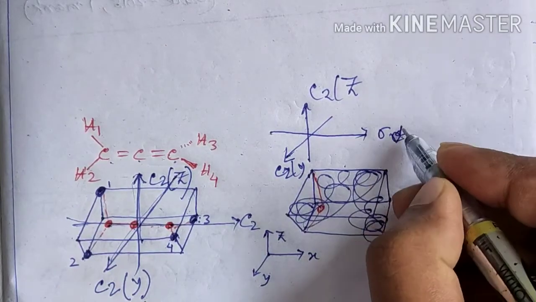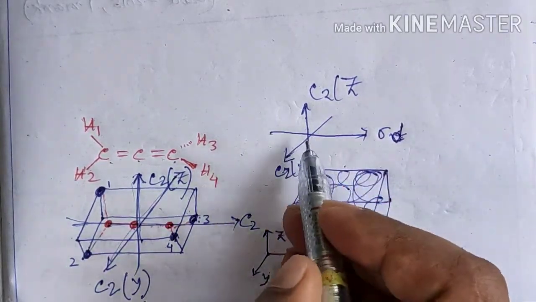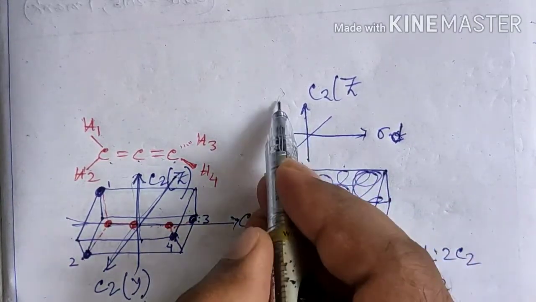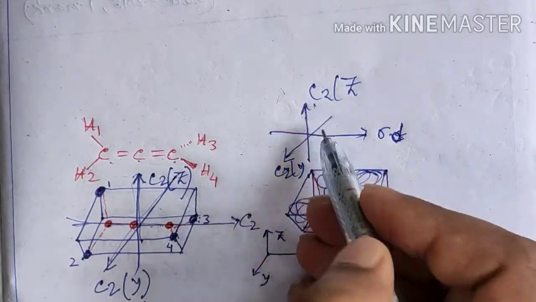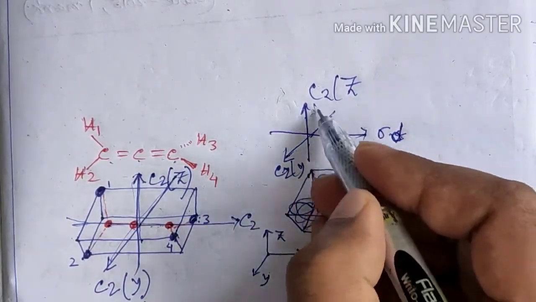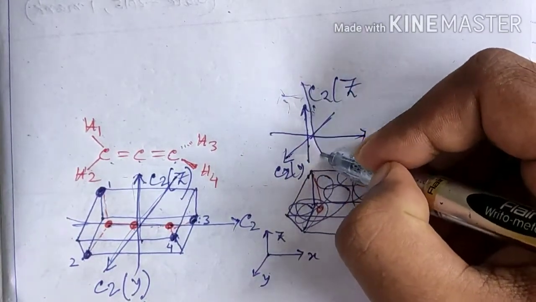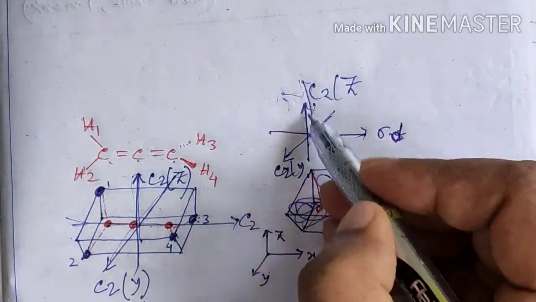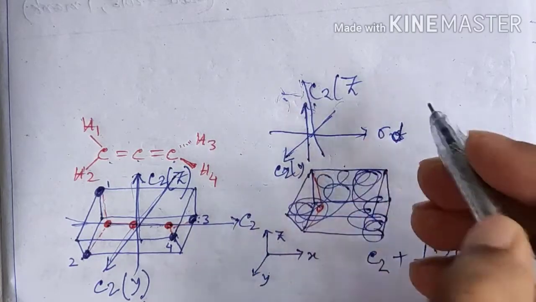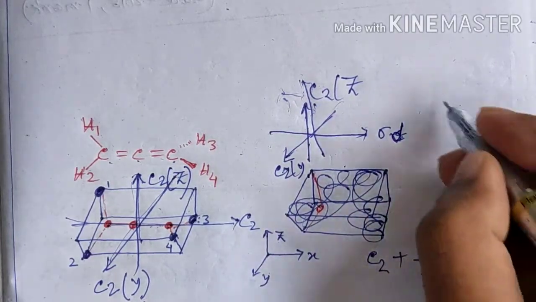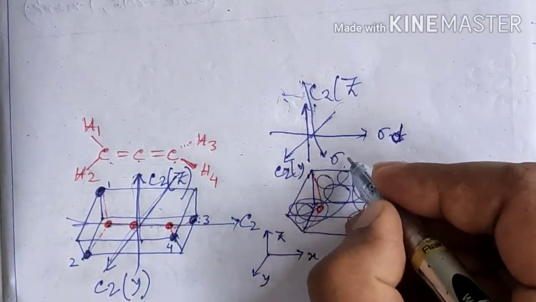It is the second sigma d, and it will cut the angle between these two planes.